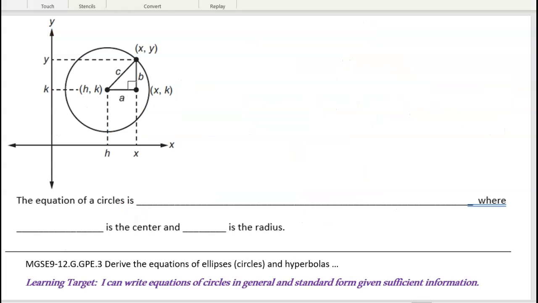Okay, so given any circle, center HK, we can of course find any point on the circle.